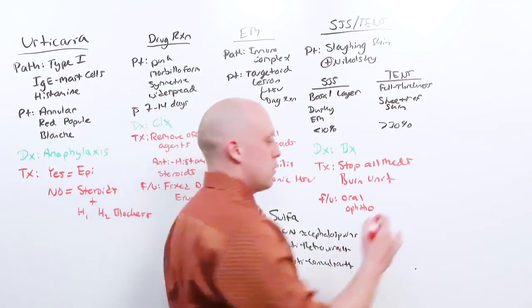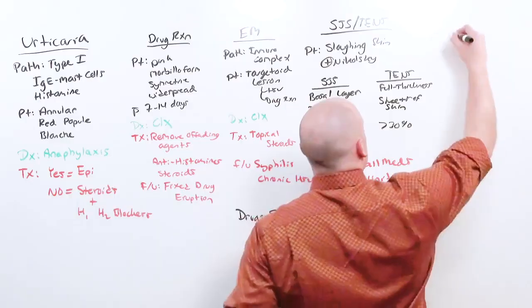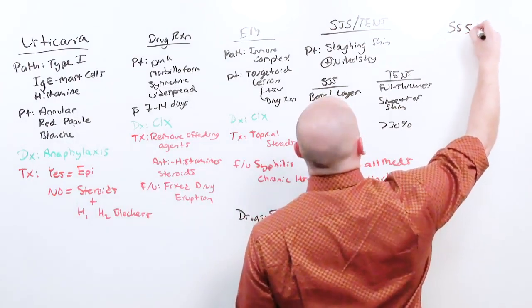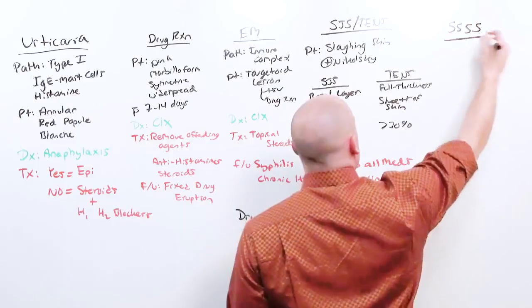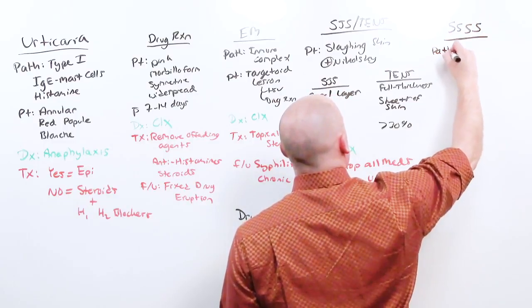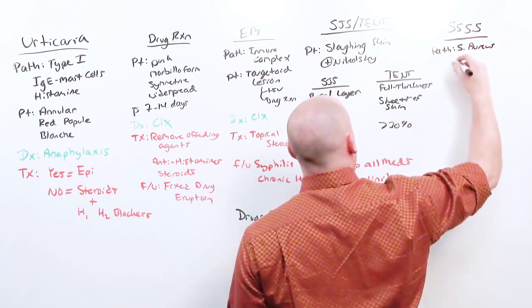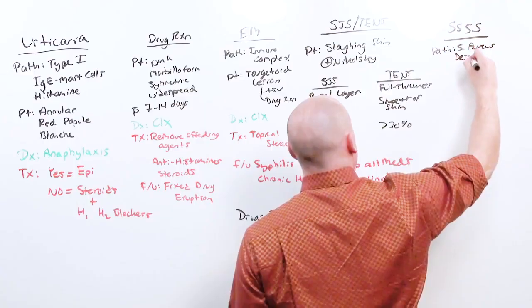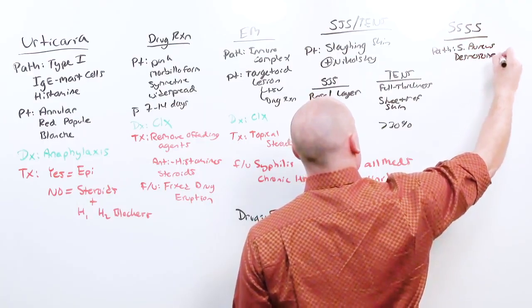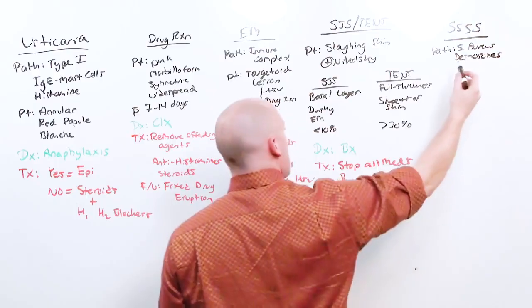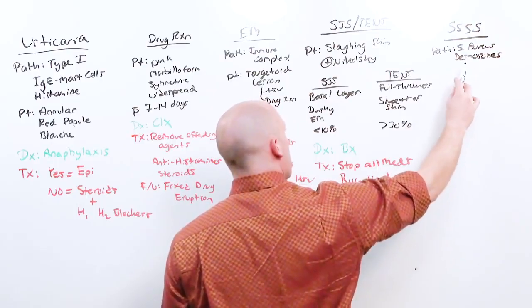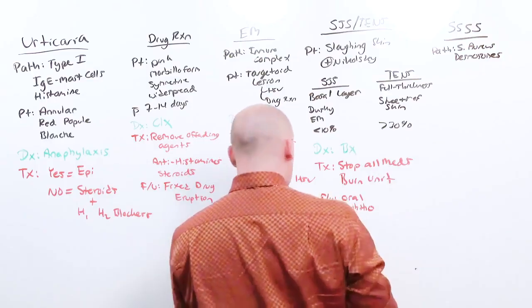The last thing you have to know about is Staphylococcal scalded skin syndrome. The pathology is a staph infection that happens to attack the desmosomes that we talked about in the bullous diseases, effectively being a pemphigus vulgaris disease.